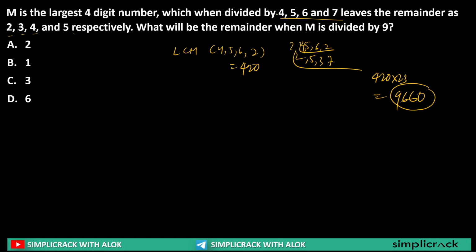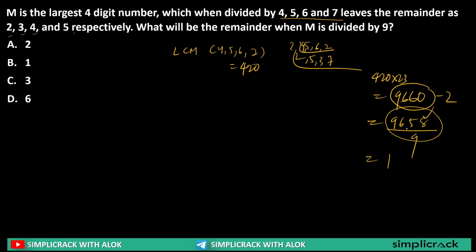The difference between these numbers is 4 minus 2 is 2, 5 minus 3 is 2, 6 minus 4 is 2, 7 minus 5 is 2. So the number is 9660 minus 2, which is 9658. So 9658 gives a remainder of 2, 3, 4, 5. Now, if this number is divided by 9, what will be the remainder?